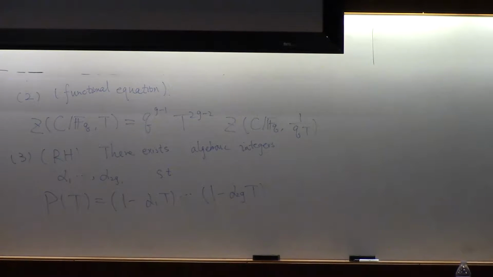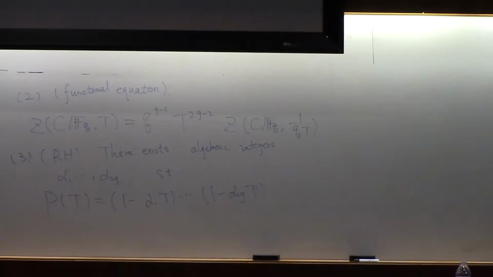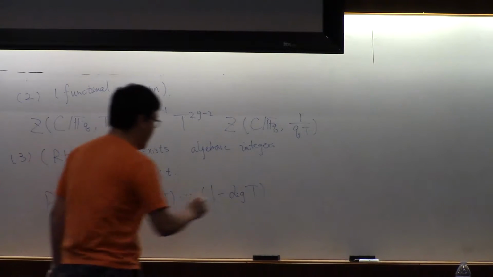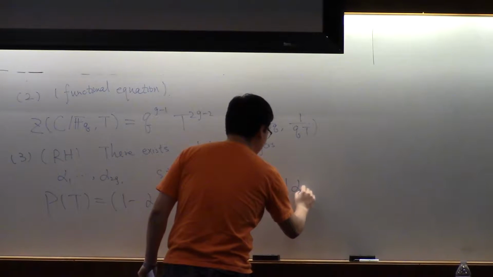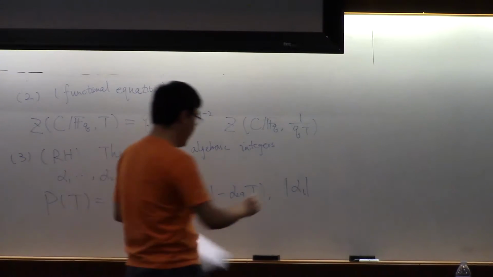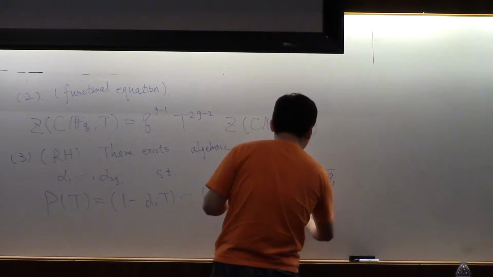In other words, of course, you can always do this if you do not require the algebraic integer thing. You can always decompose a polynomial with degree 2g into the product of 2g linear functions. But the important thing is that the absolute value of these numbers is equal to square root of q for all i.